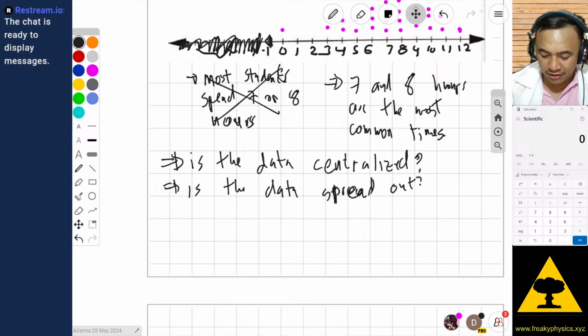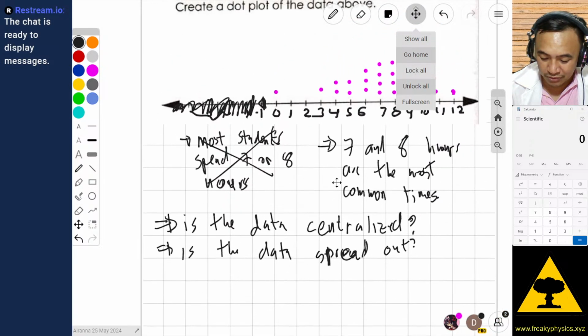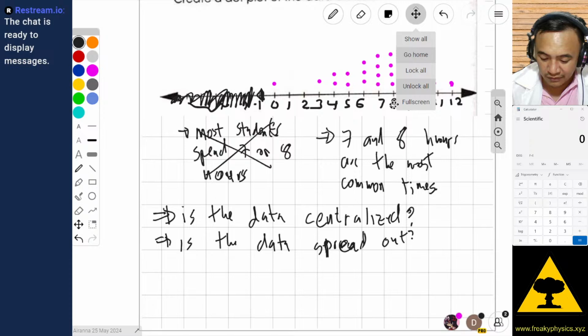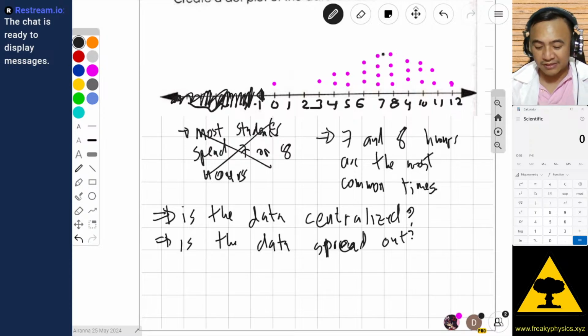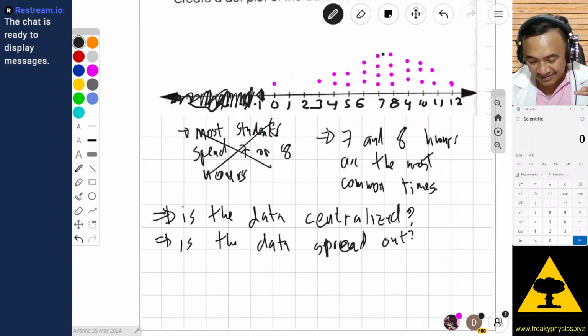But we can talk about it right now by looking at the data. Centralized simply means, if you look at all of your data, is the graph's center the same as the center of the data, the middle of the data?